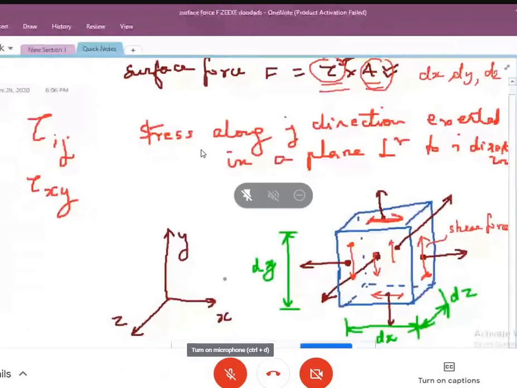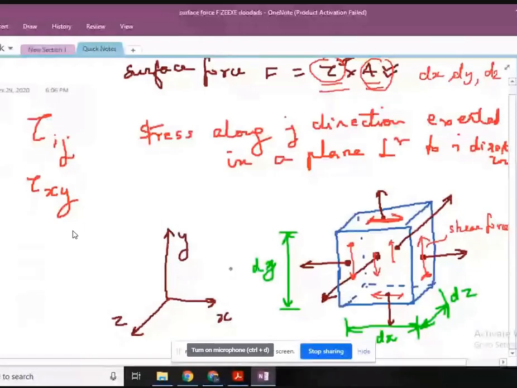So I have to find a stress which is along the y direction. So this is the y direction. The stress is going to appear in this direction, and the plane on which it is acting is perpendicular to the x direction.